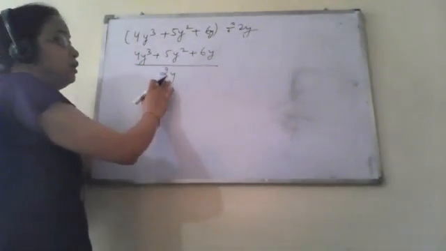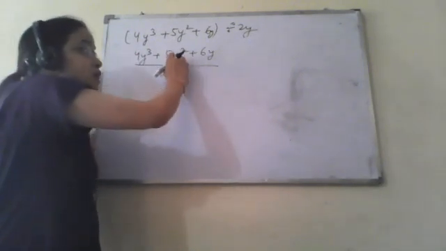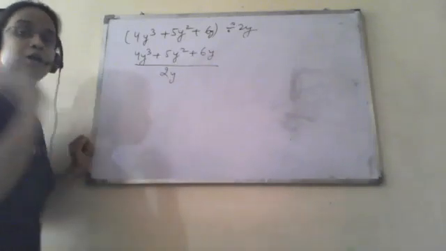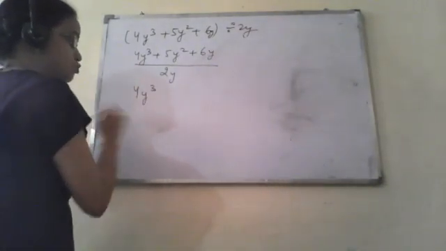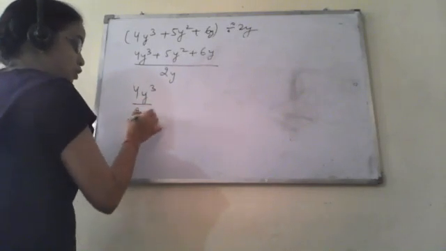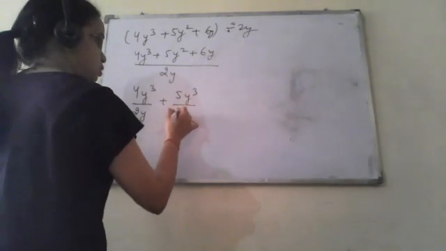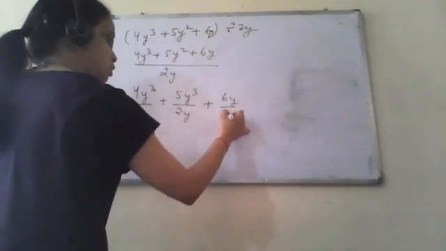This 2y is dividing this 4y cube, 2y is dividing this 5y square, and 2y is also dividing this 6y. So we can individually divide the terms. How can we write it individually? This is 4y cube upon 2y, this is 5y square upon 2y, this is 6y upon 2y.